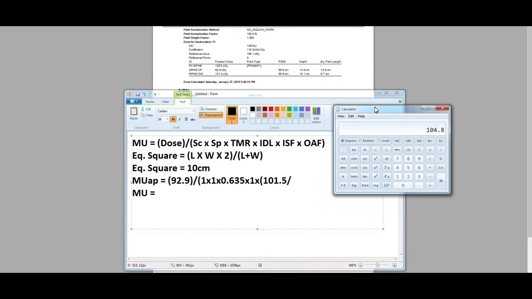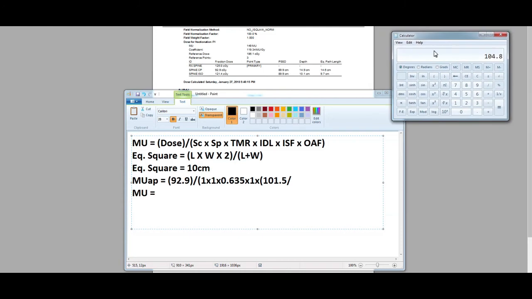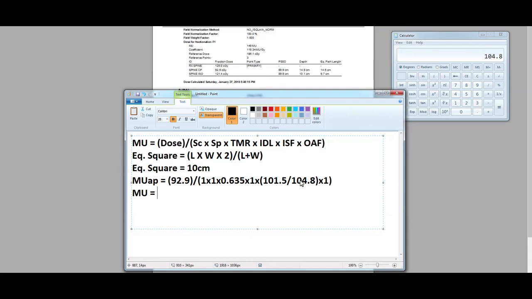Remember, my calc point is 5 centimeters posterior to the isocenter. So from the anterior field, it's 5 centimeters away from iso, or roughly 105. I have no off-axis factor since I'm on this central axis ray line coming from the beam's eye view.